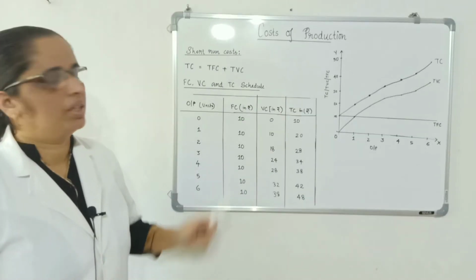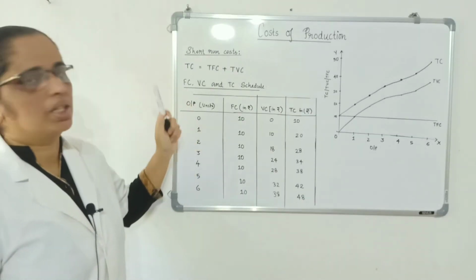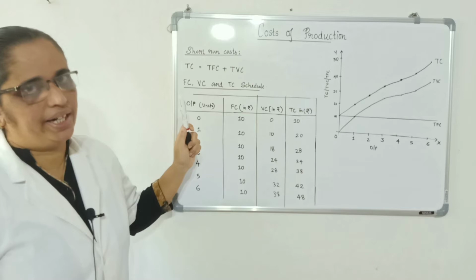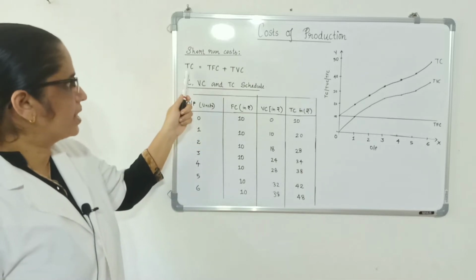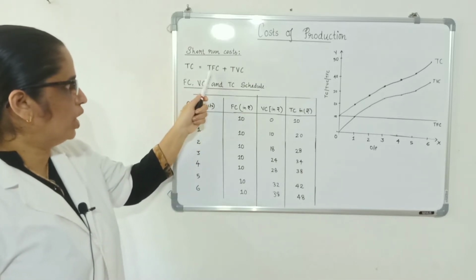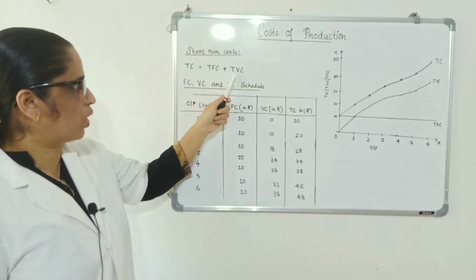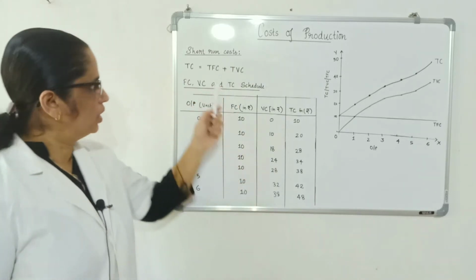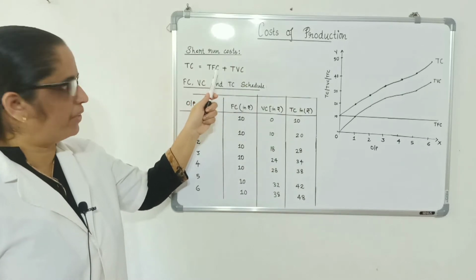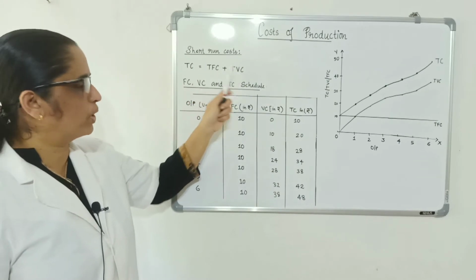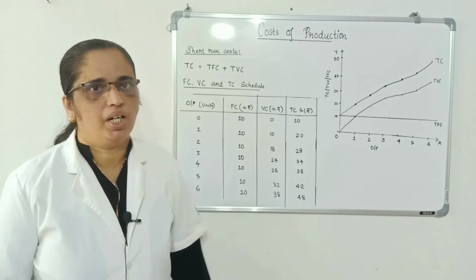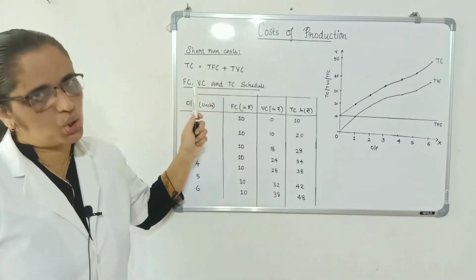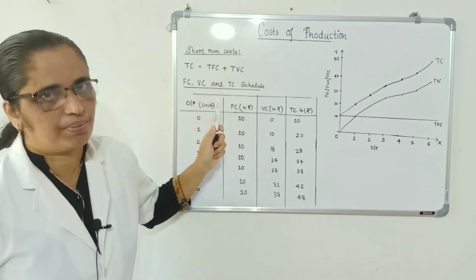Short-run costs can be defined as, total cost is equal to total fixed cost plus total variable cost. So, we have to distinguish between fixed costs and variable costs of production. Fixed costs are the costs on fixed inputs.